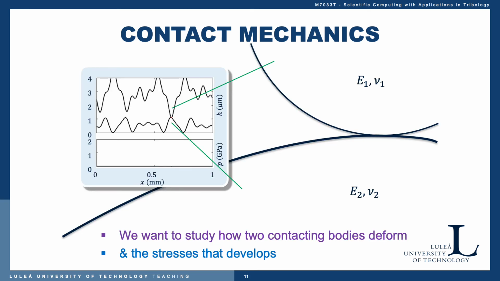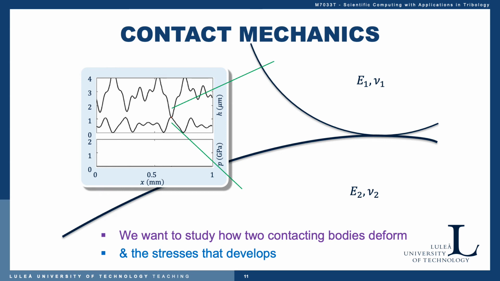Let us now have a more detailed look at what happens in the contact between these two asperities, as we call them. We can model these two asperities as circular, cylindrical bodies.